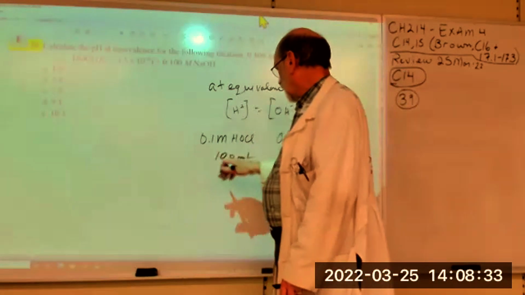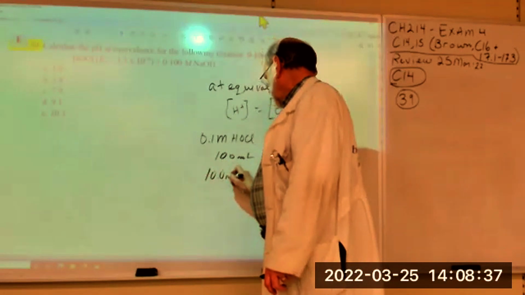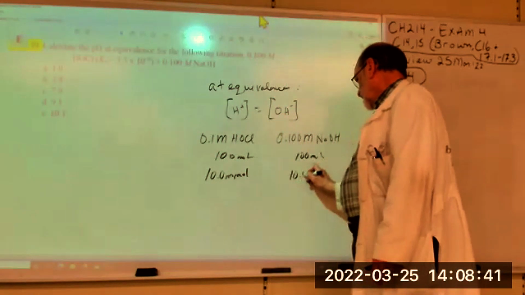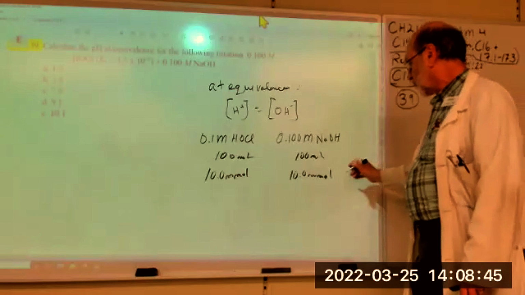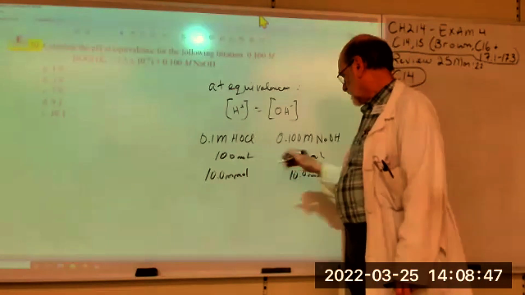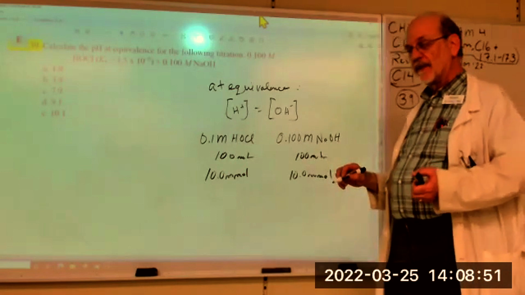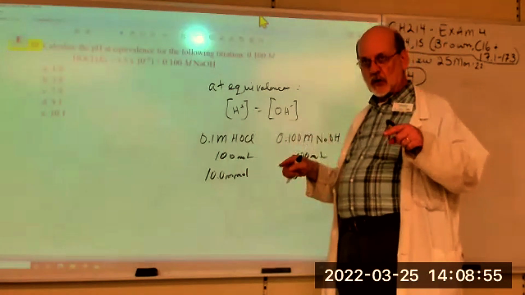So 100 times 0.1 is 10 millimoles, and this one's 10 millimoles. And by the way, once we go back the other direction, once we need to calculate concentration, millimoles divided by milliliters is molar.